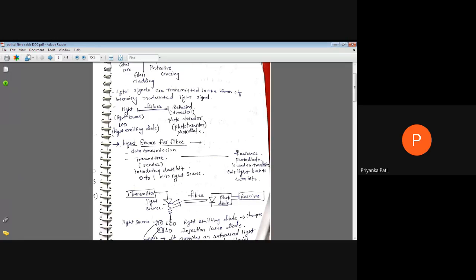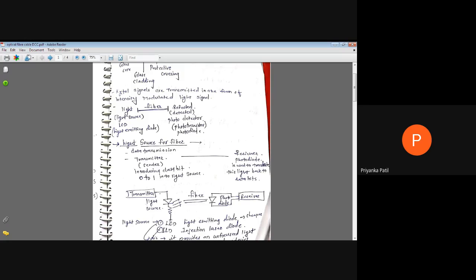For data communication to take place, the sending and the receiving parameters we have to consider for the transmission. Whenever we have to transmit the data, the transmitter must be capable of introducing the bits, 0 to 1, into the light source.